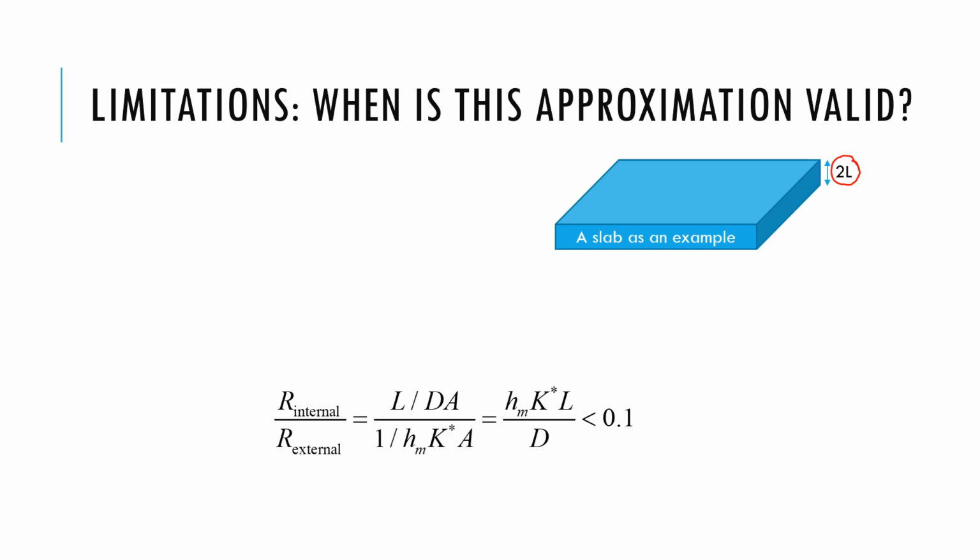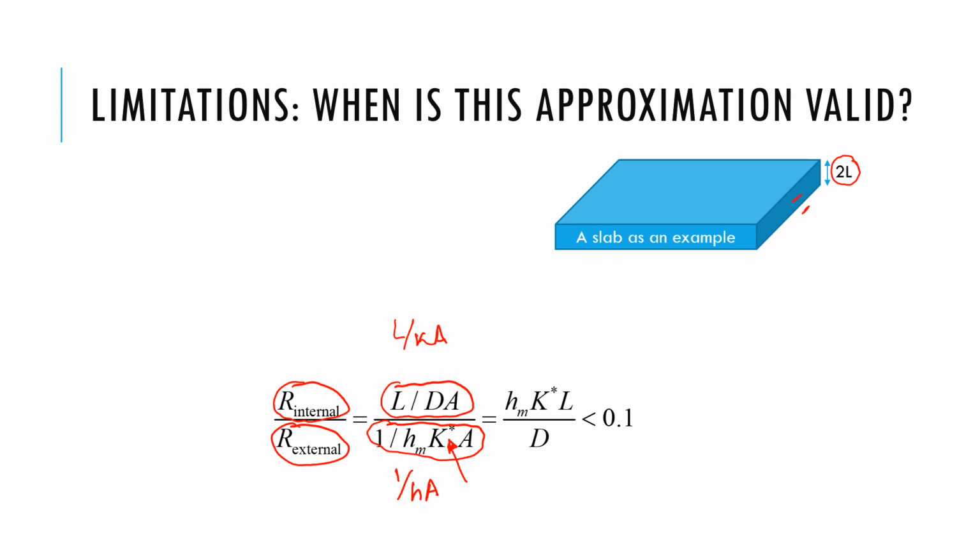So let's write internal resistance over external. Internal for a slab, just like for heat transfer we had L over KA, here we have L over DA, and for external, instead of 1 over hA as we did for heat transfer, here it's 1 over hmA, but there is also this factor K star that has to do with moisture in two phases, in the solid inside the slab and in the gas outside, that I'm going to explain in an entire slide in just a second.